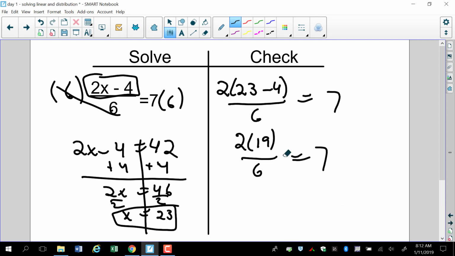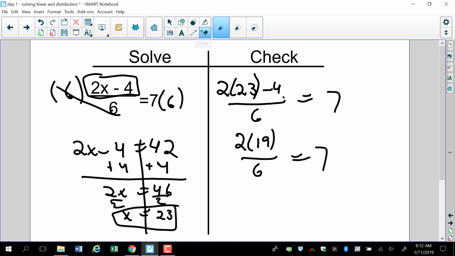And part of the reason it's not is because I made a mistake up here, and I want you to catch this. And this is what I mean by there are common mistakes that you can make, because you notice how many steps are in this problem. I made a mistake here, and it's a good mistake to show. I'm really supposed to do this first, and then subtract 4.